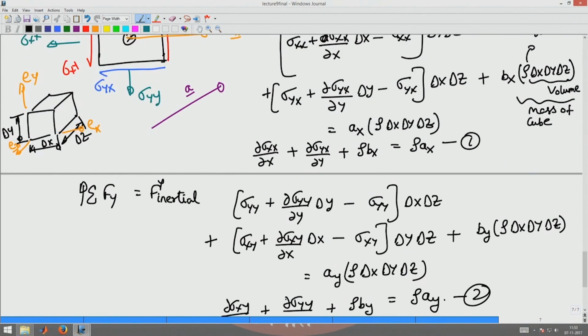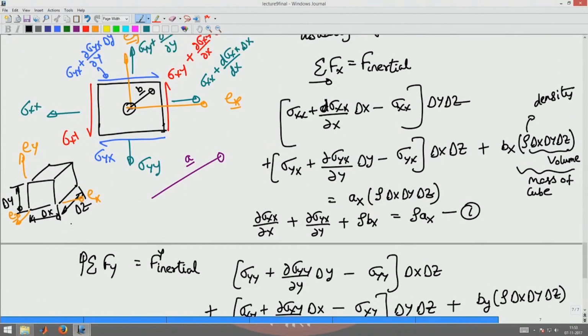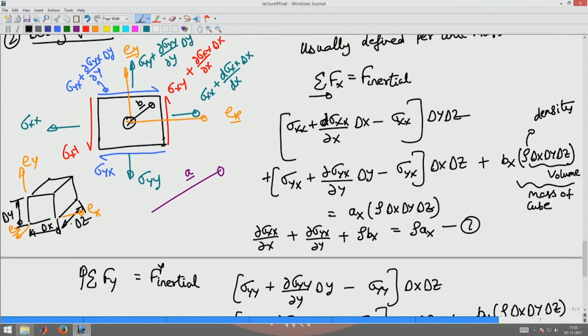Now, I can take the moment equilibrium about any point, but I am going to take it about the Cg of the element. The reason being, if we take it about the Cg of the element, the sigma xx, sigma yy, the body force and the inertial forces won't contribute to the moment balance. Okay. So, only the shear stresses are going to contribute to the moment balance.